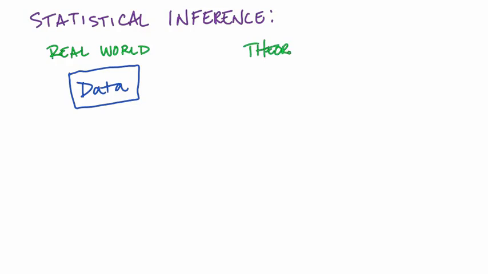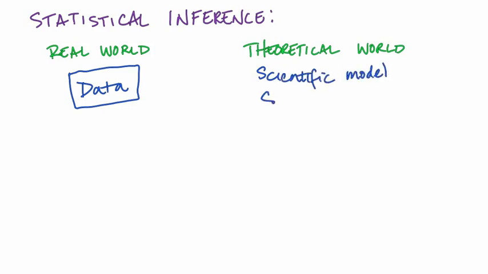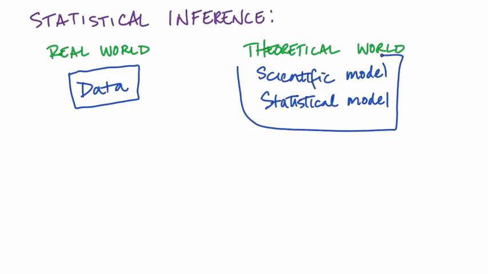We don't observe the theoretical world, but that's what we really want to understand, given the imperfect and incomplete information that we have in our real-world data. In the theoretical world, we might have a scientific model that describes the nature of the variables, and we have a statistical model that describes the nature of the variation or the probabilities associated with the variables and the statistics that we observe in the real world.